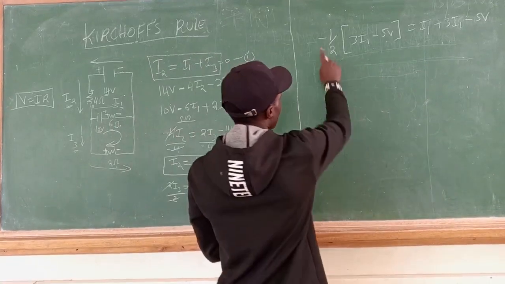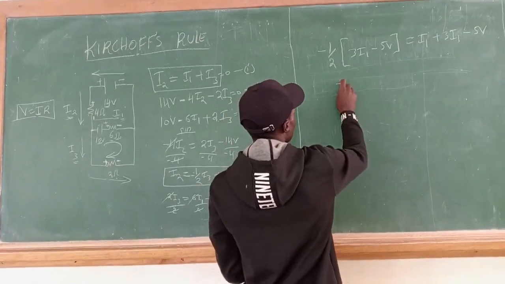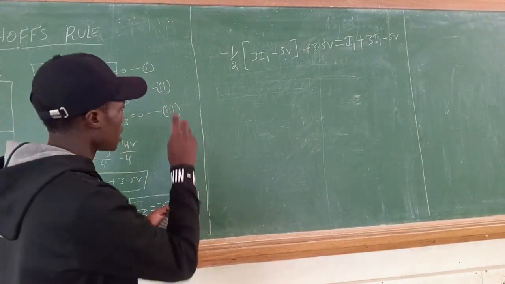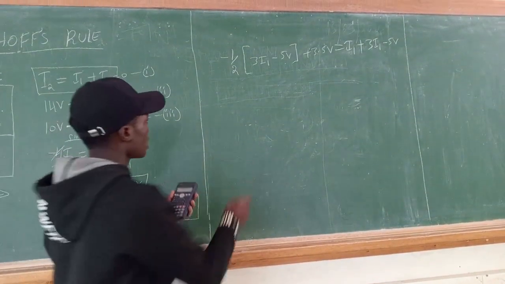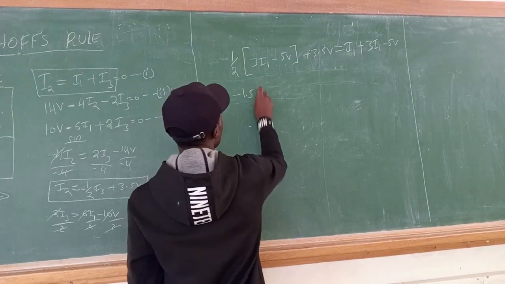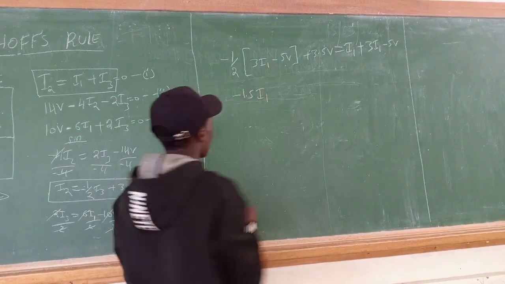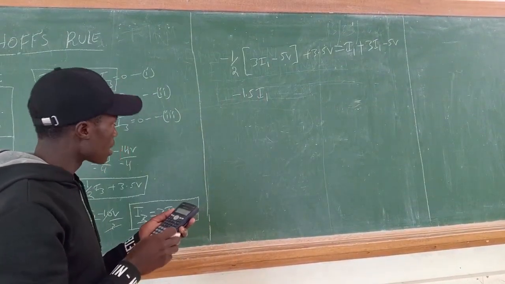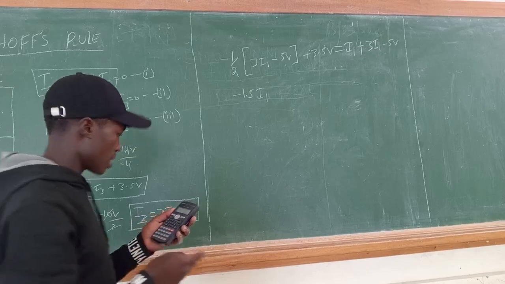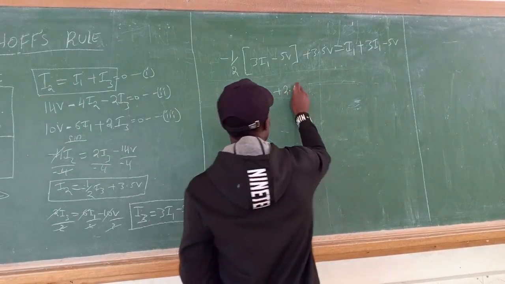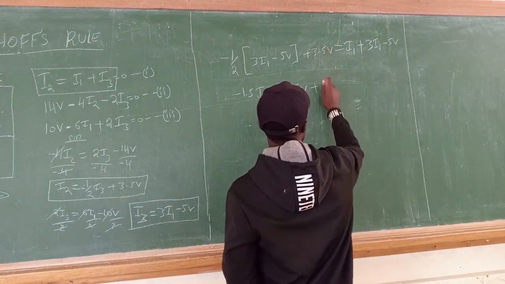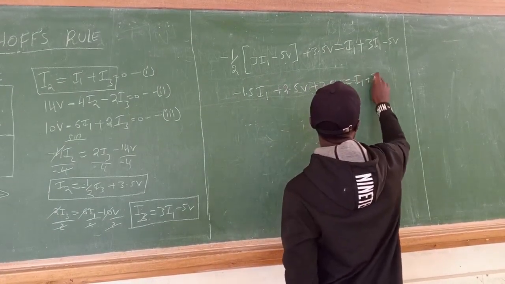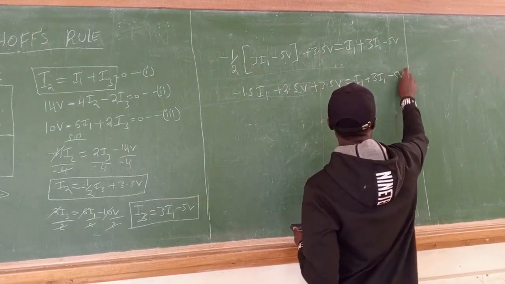Now let's break the bracket. So negative half times 3, that is negative 1.5 I1, then negative half times 5, that's negative 5, that is plus 2.5 volt, plus this 3.5 volt is equal to I1 plus 3I1 minus 5 volt.